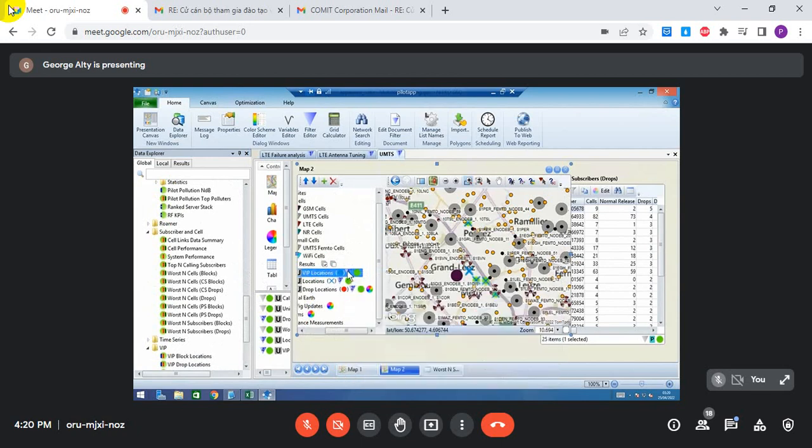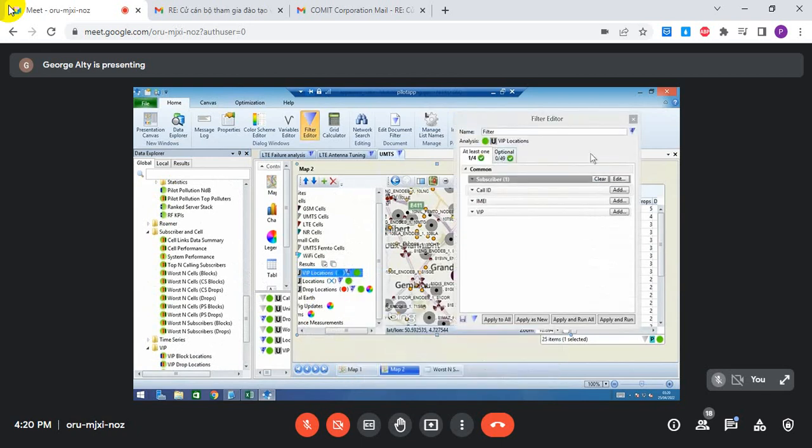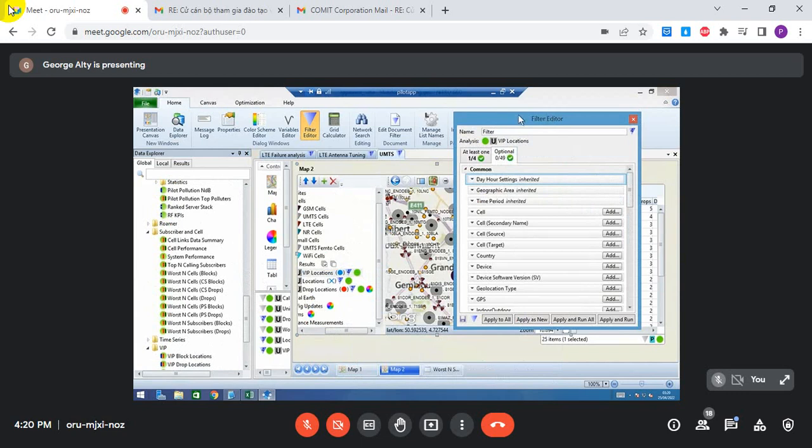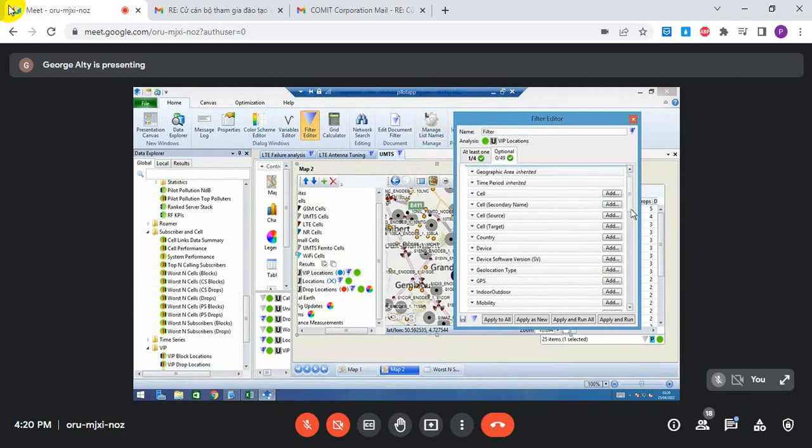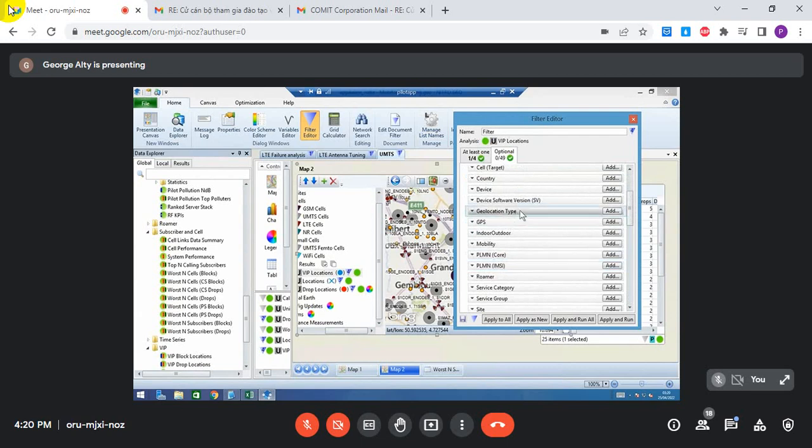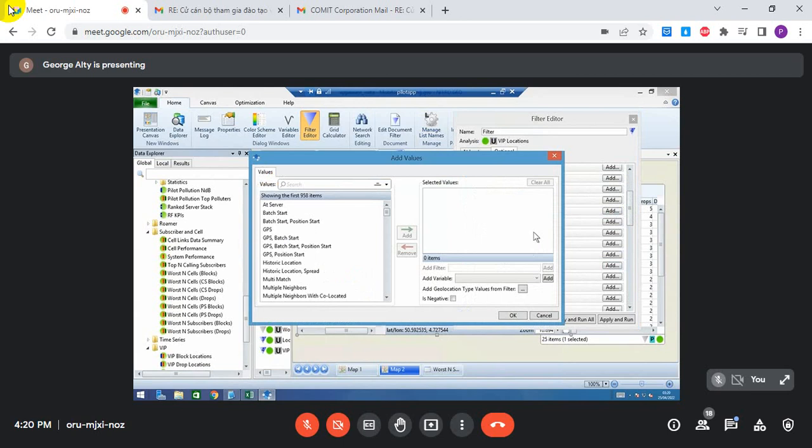If I look at this filter here. So what I'm going to do here is I've filtered it by the VIP in this instance. And if I look at how that VIP is geolocated or the types available, okay?